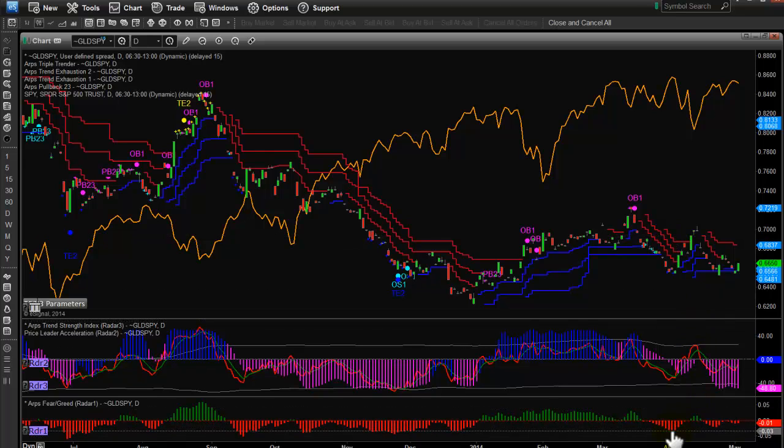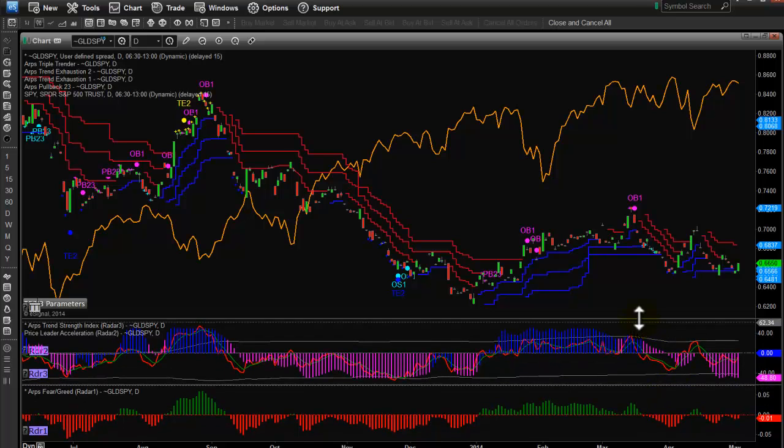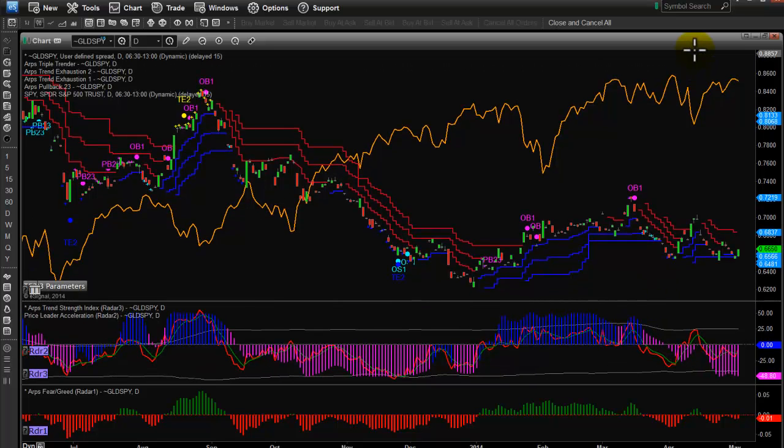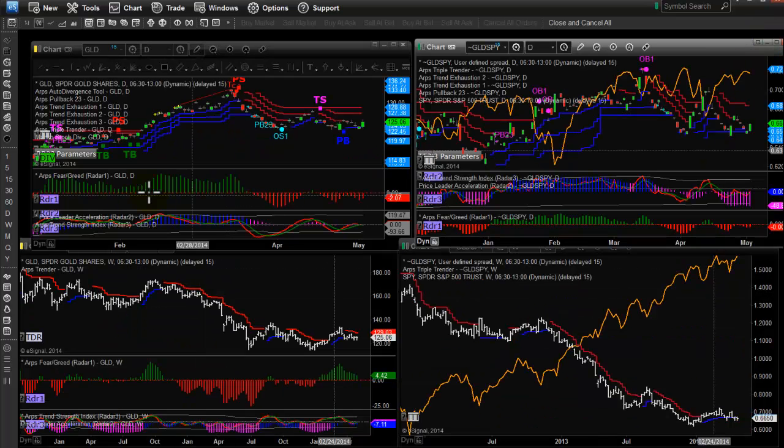But look at the divergences in Radar 1 in this market now. This is relative to the S&P. We're seeing some divergences that might indicate some upward movement in gold. We're still clearly in a bearish market, but let's see what the actual gold ETF itself is showing us.